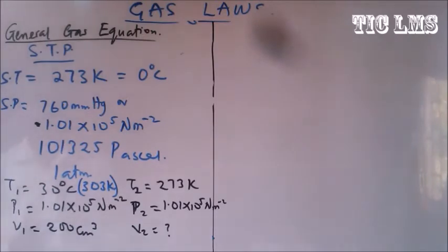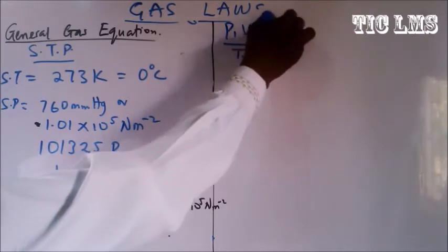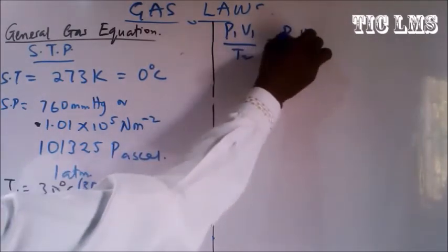Next, we have our formula, which is P1 V1 over T1 equal to P2 V2 over T2.